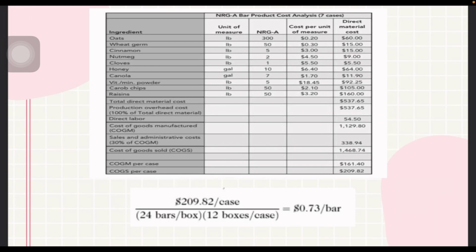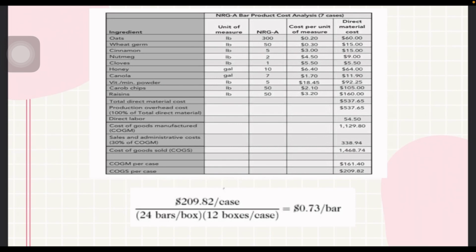As shown in figure 5.8, the direct labor cost to mix the dough and bake the snack bars is 54.50. It is important to note that the labor cost is only about 10% of the direct material cost, which is why Fitter chose to apply production overhead cost based on the direct material only.